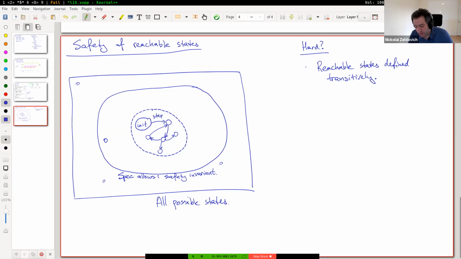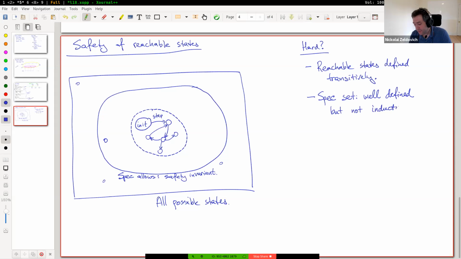The other problem, on the flip side, is this solid line bubble, the safety spec bubble, or the spec set. It's well defined in terms of being a direct predicate on the states inside the bubble, but it might not be inductive.